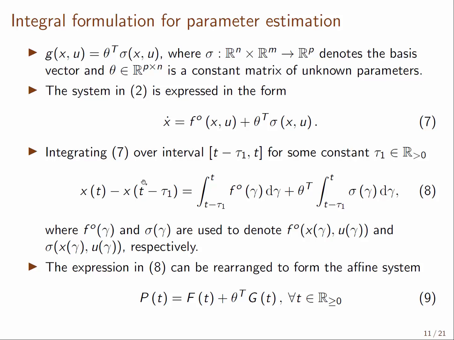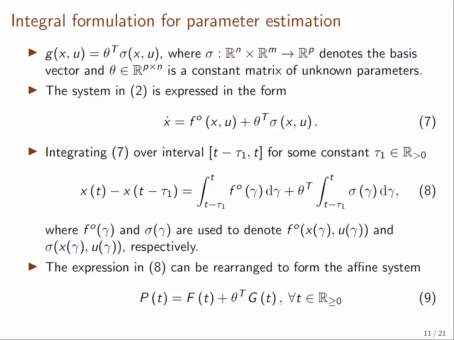Integrating equation 7 over some time interval t minus tau 1 to t, for some positive constant tau 1, we get the expression in 8. And the expression in 8 can be rearranged to form an affine system, P equals F plus theta transpose G. Now, this affine system is what we're going to utilize to solve for the parameters theta in the system dynamics.